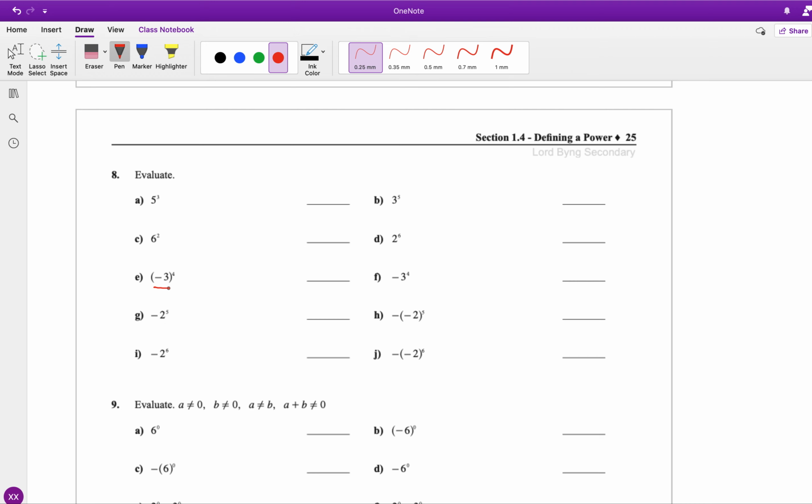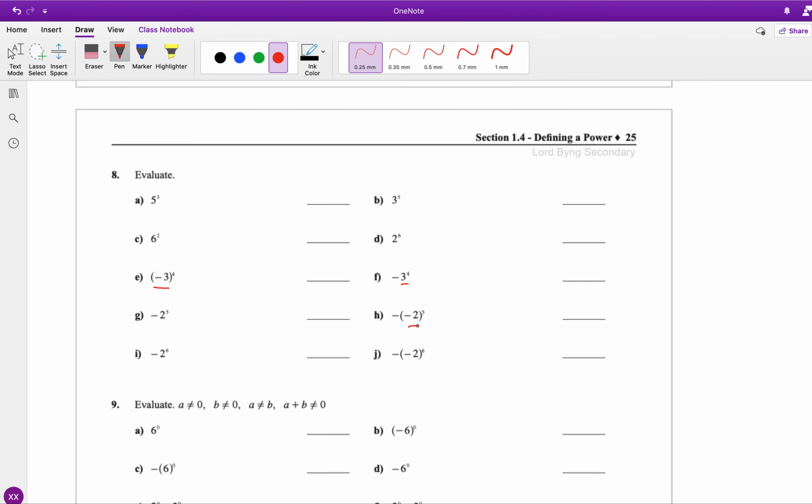This is a negative number as a base, but that's an even exponent. So in the end, should it be a positive number or negative number? Now this one, the base, as a matter of fact, is just 3. So it's a positive 3. But ahead of it is a negative sign. So should that be a positive number or negative number? Please ask yourself and be very clear about what's going on here.